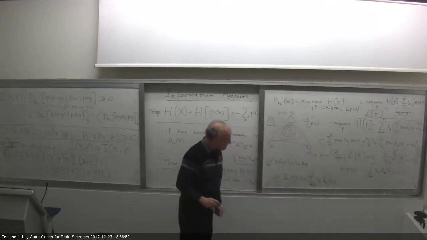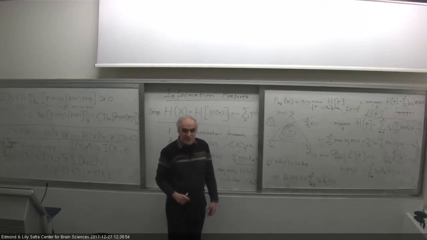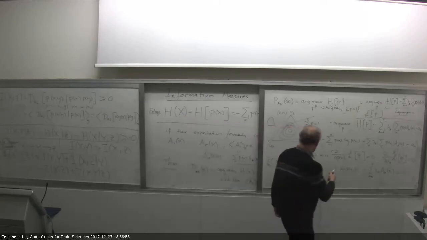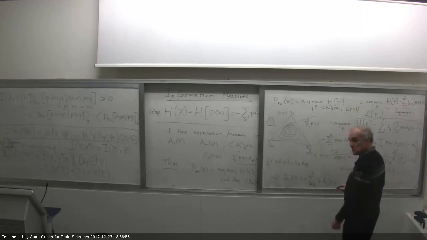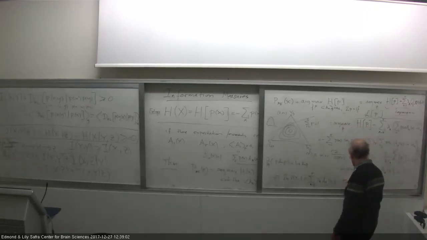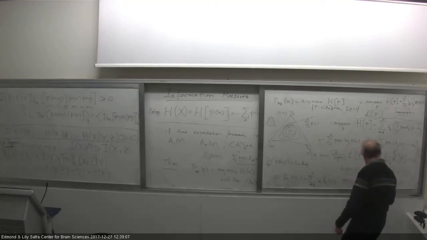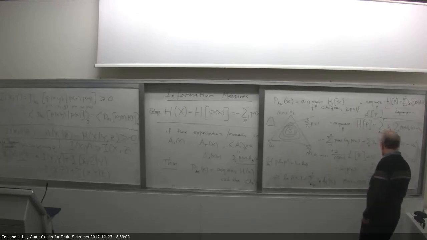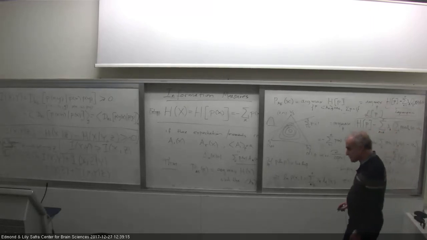What is it? This is our famous and familiar exponential form, where p(xi) is just the exponent of this sum, with a minus sign. Never mind.